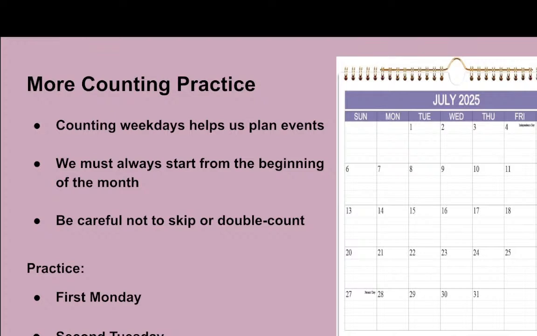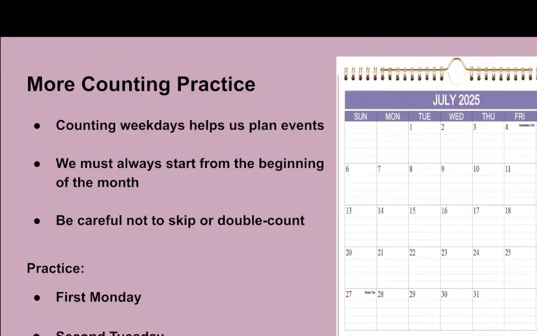So the first Monday of July 2025 is the 7th. Let's look at the second Tuesday. So what's the first Tuesday? The first Tuesday is the first, right? So July 1st is the first Tuesday. Let's look at the second week. The 8th. That's the second Tuesday of the month.